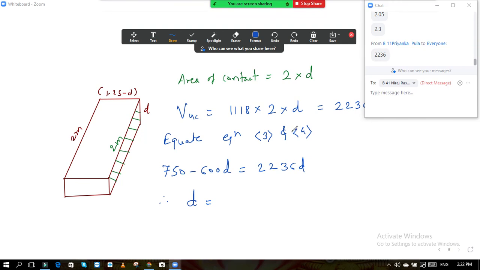How much did you get? 0.264. Okay, so 0.264 meter, which is equal to 264 mm, which is nearly equal to 270 mm.